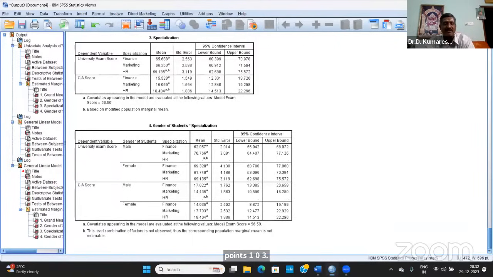So the best performing students are HR students. Next best, marketing. Least performing, finance students. Another comparison, as we did earlier, finance male and finance female. Finance male 17.02, finance female 14.03. So male students performed better.